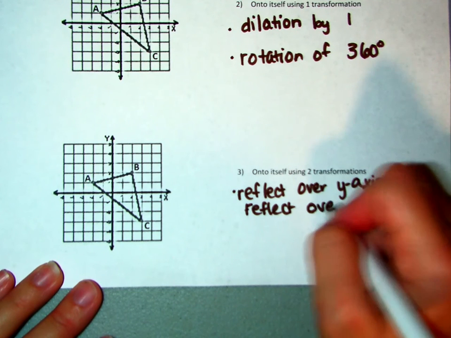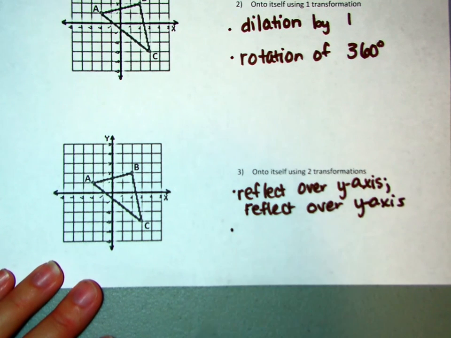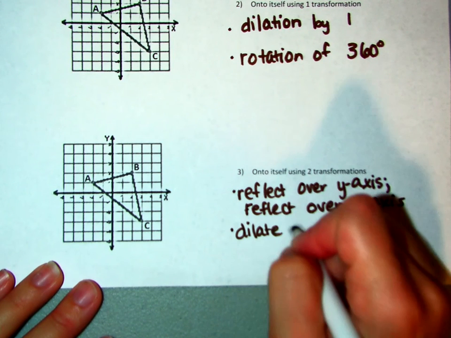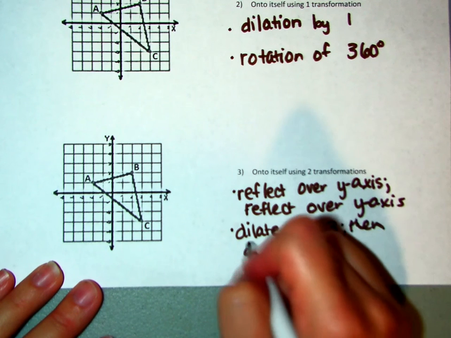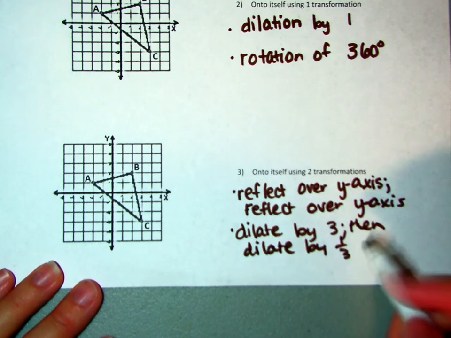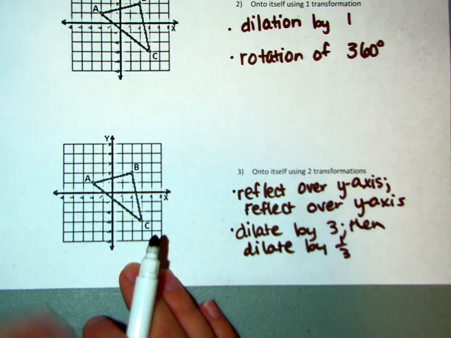So that's kind of like doing it once and then you're flipping it back over. Or you could do something where you dilate by 3, then dilate by 1/3, because if you do 3 times x and y and then you divide x and y by 3, it'll get you the same amount.